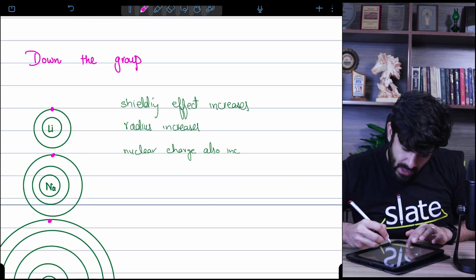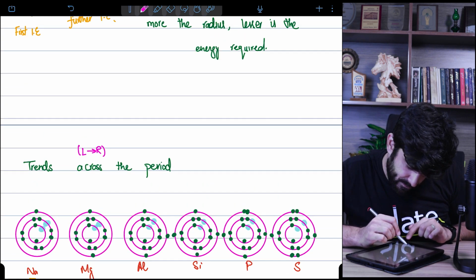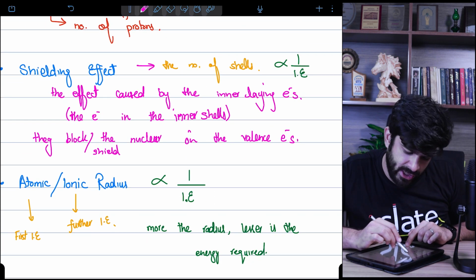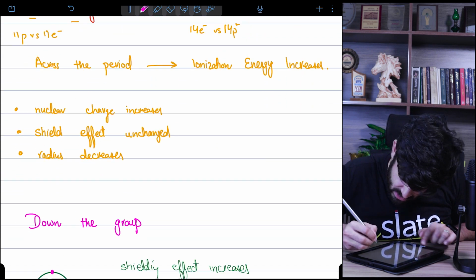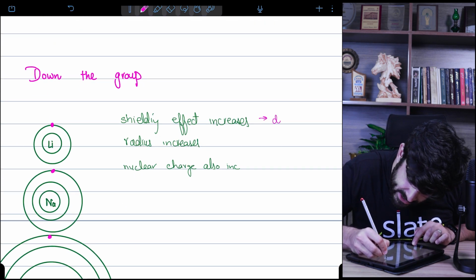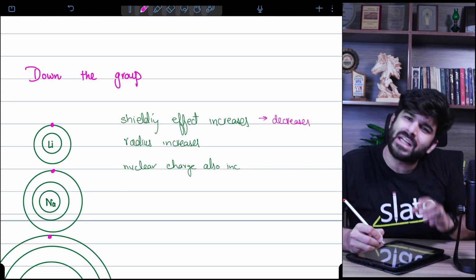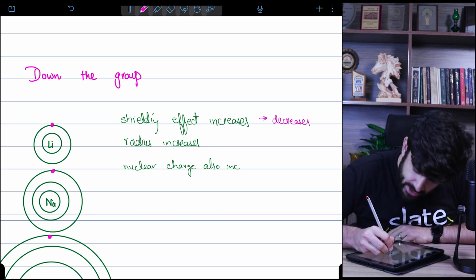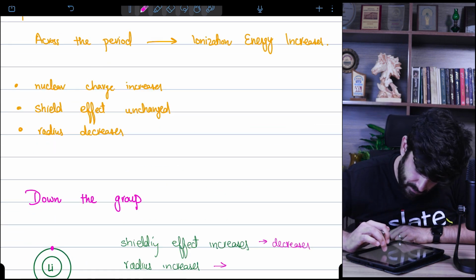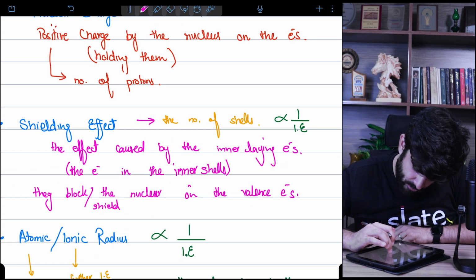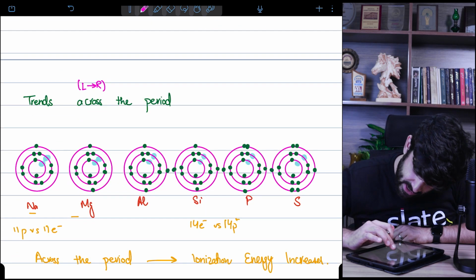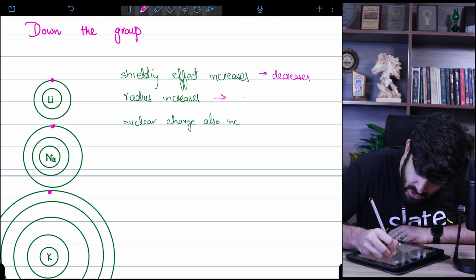But still, if the shielding is increasing, ionization energy, being inversely proportional, decreases. So less energy is required. Radius increases, and with radius, it's again inversely proportional, so it decreases.